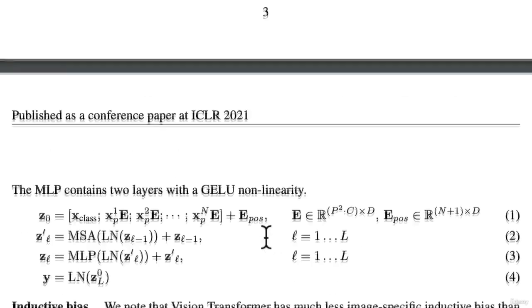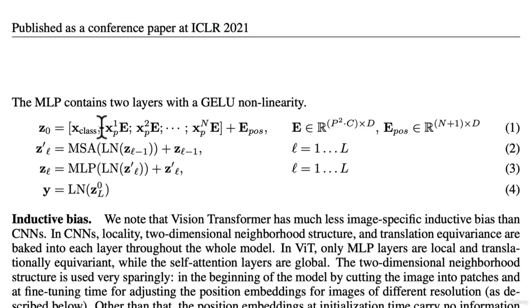But let's keep pushing forward and just summarize what we've done. We've recreated this section of equation 1, the patch embedding. We've got a sequence of patch embeddings. This is our vector. So now we're going to push towards making the class token embedding and the position embedding.